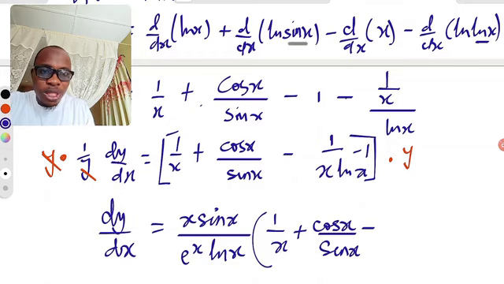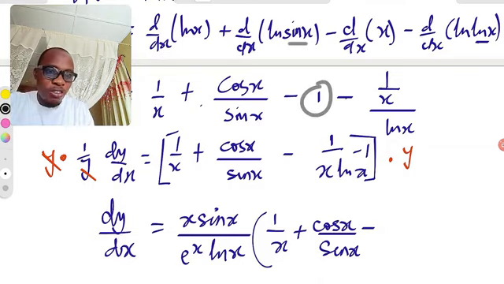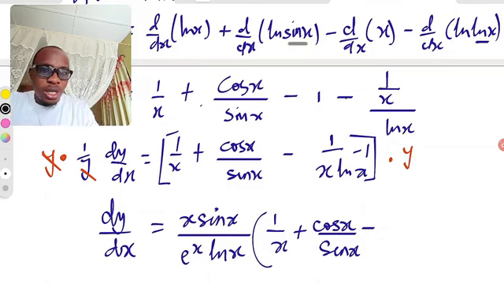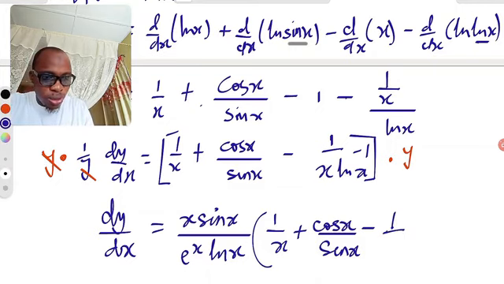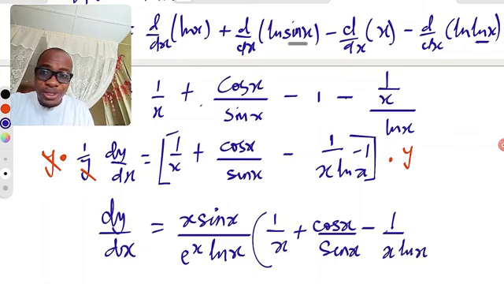There is minus 1 here. Sorry, this minus 1, I've omitted it here, so that's what I put there. All right, so minus 1 all over 1 over x ln of x, then minus 1.